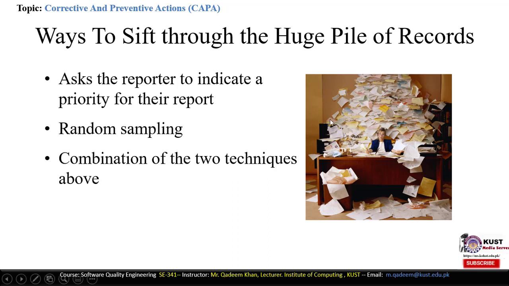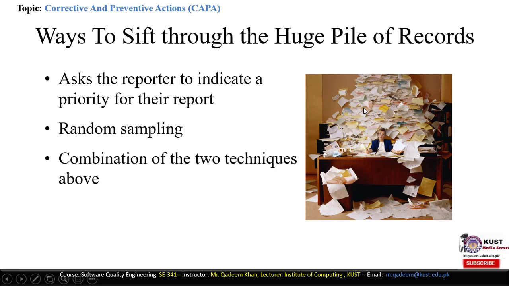Ask the reporters to indicate a priority for their report. So here the reporter will identify the prioritized reports only. Also we can perform random sampling. Random sampling will collect certain random reports from the set of all reports.